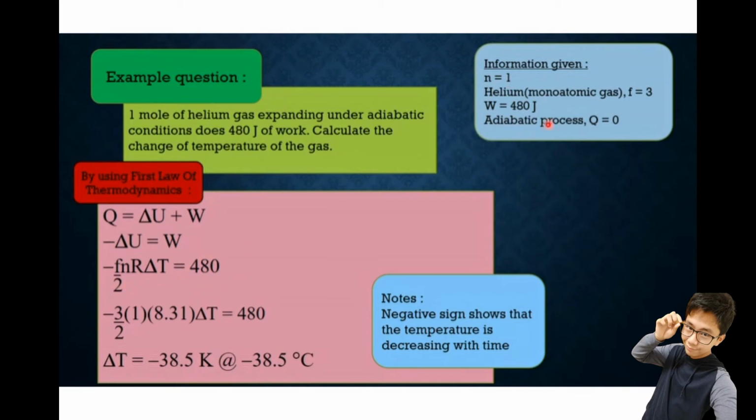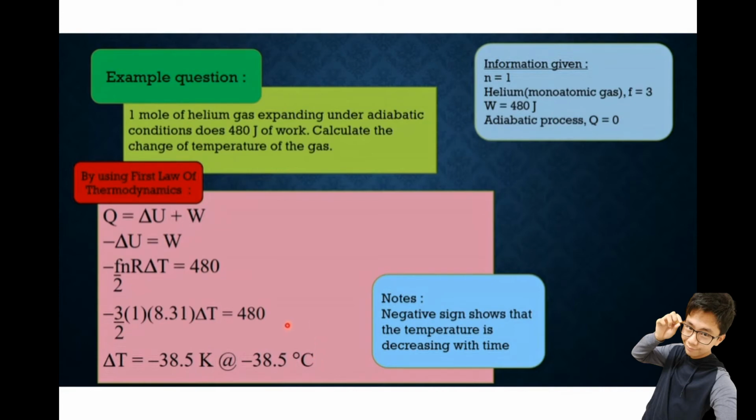Then we sub the value we have into the equation, and we get negative 3 over 2 times 1 times 8.31 times delta T is equal to 480. Okay, and then we calculate for the value of delta T, we get negative 38.5 Kelvin or negative 38.5 Celsius.